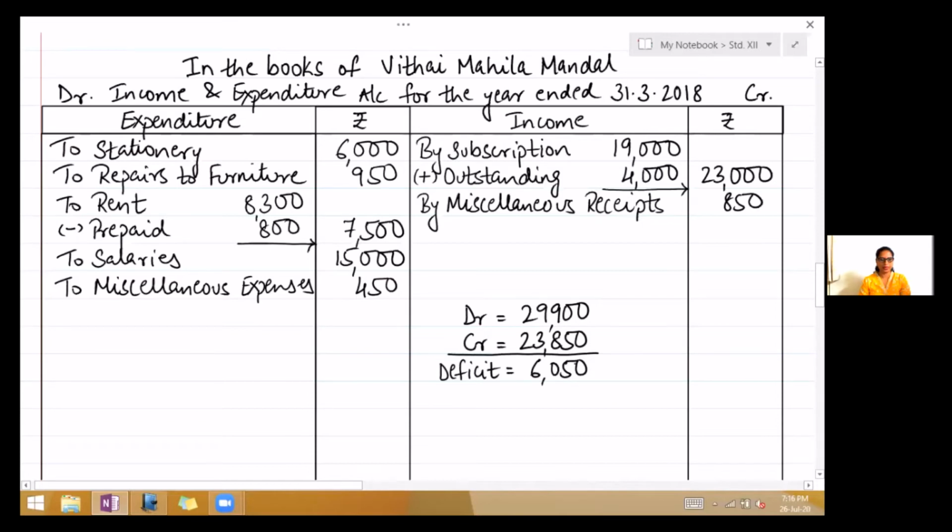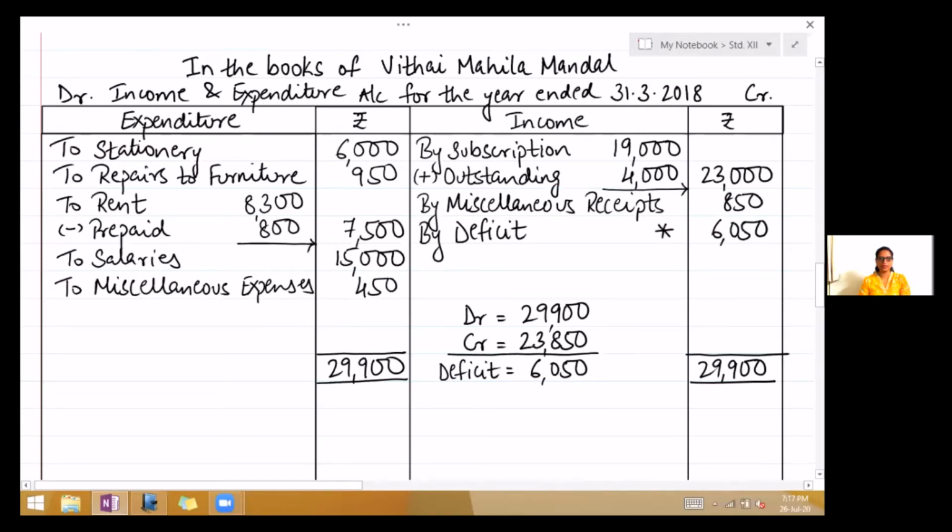Now where will you write this? First write down the greater side total. Debit side 29,900. Write it on the credit side 29,900, and balancing figure will come on the income side. Write by deficit 6,050.